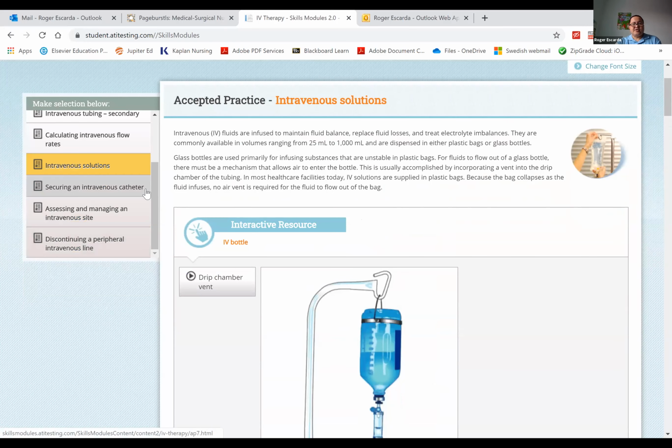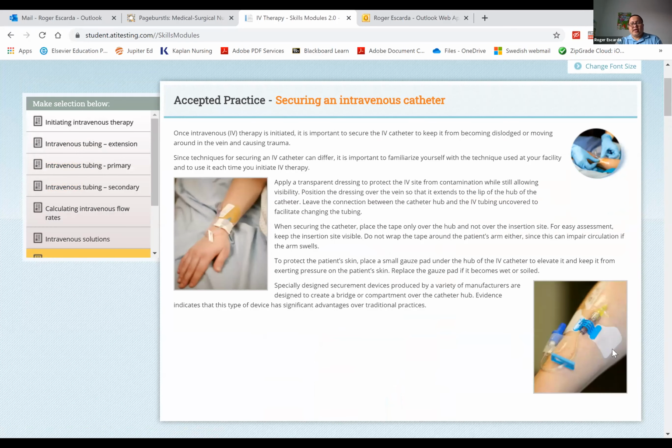All right, so how do you secure a catheter? We have stat locks now. We have stat locks for central lines. The stat locks were originally made for central lines only, and then they thought, why stop there? So they created ones for peripheral lines. They created some for Foley catheters now.